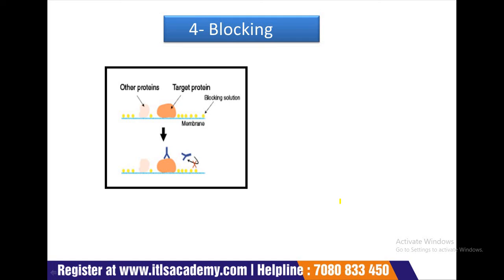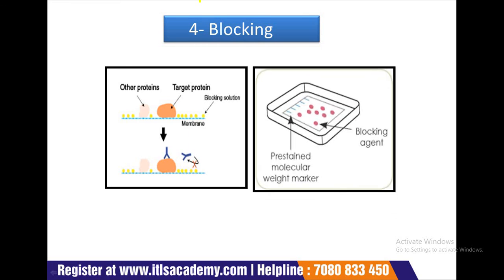When the membrane is placed into the diluted solution of protein, the protein attaches to all places. This red one is the protein. This protein is attached to all places in the membrane where the target protein has not attached.